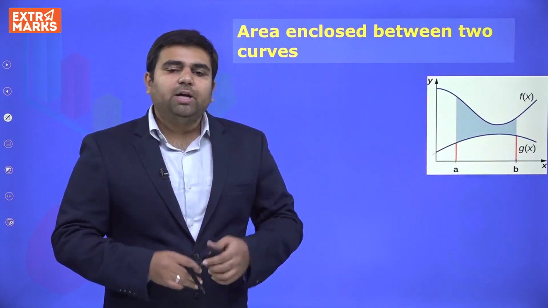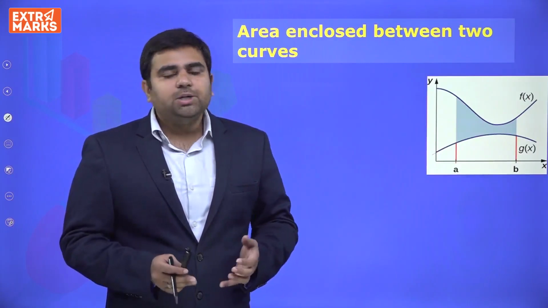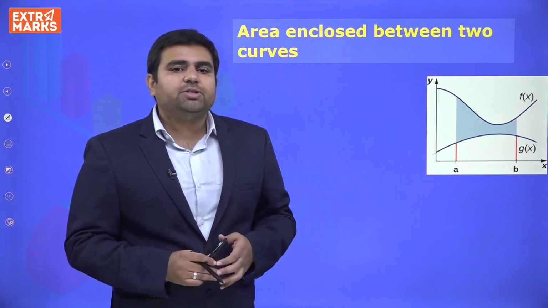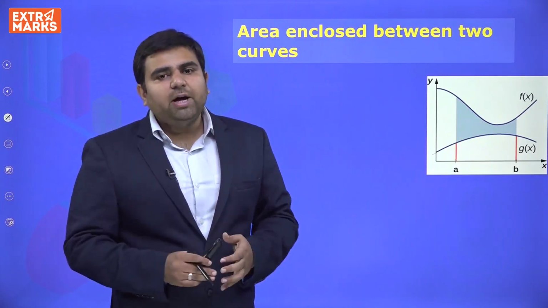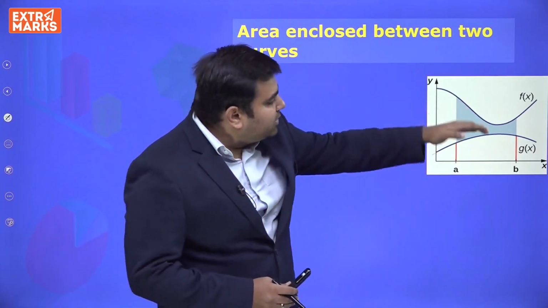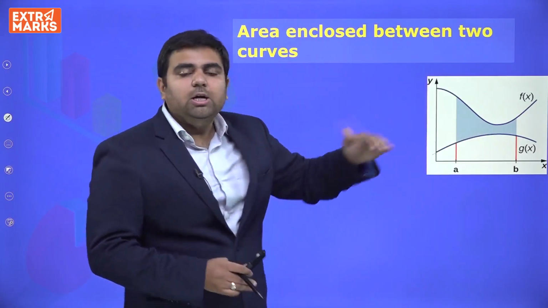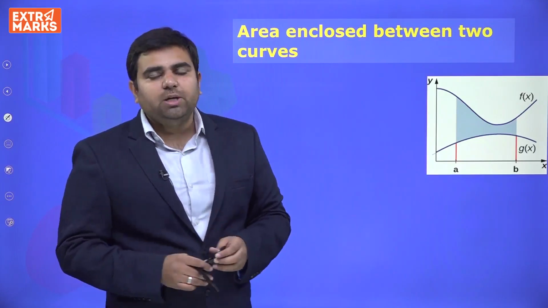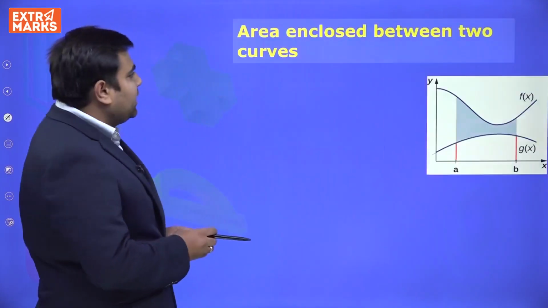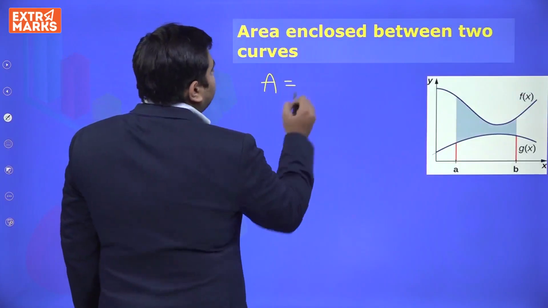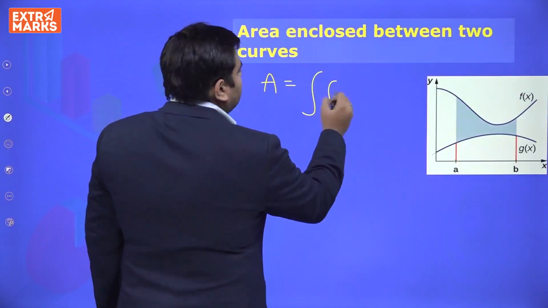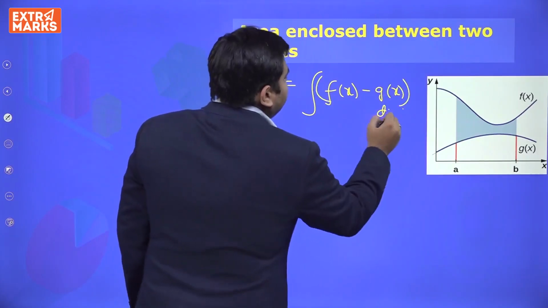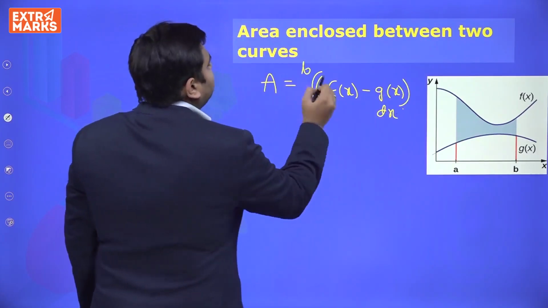Now the condition is very different. There are two different curves, one is f(x) and the other is g(x). Now we need to find the area enclosed between these two curves f(x) and g(x) between the ordinates x equal to a and x equal to b. So what would be the expression of area? This area would come out to be the integral of f(x) minus g(x) dx from a to b.